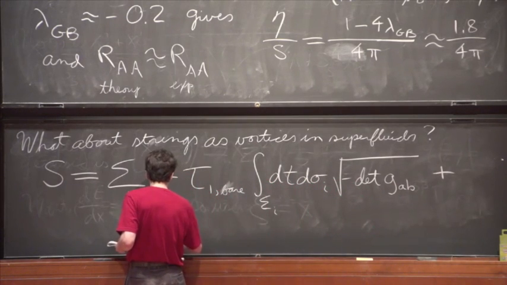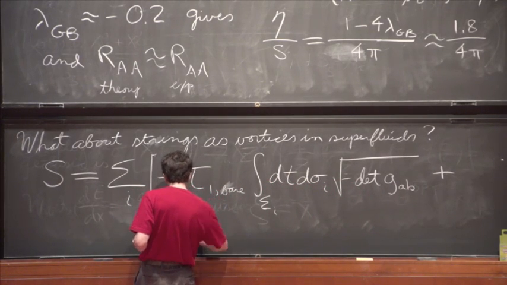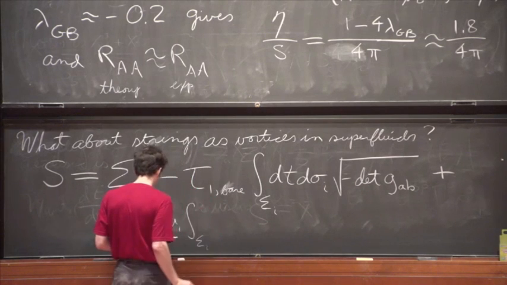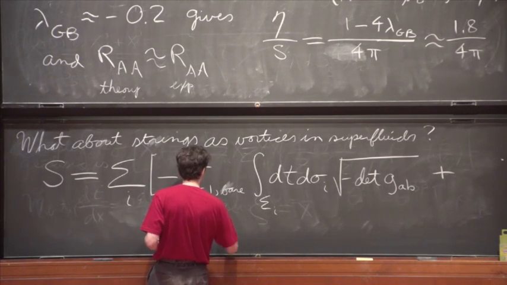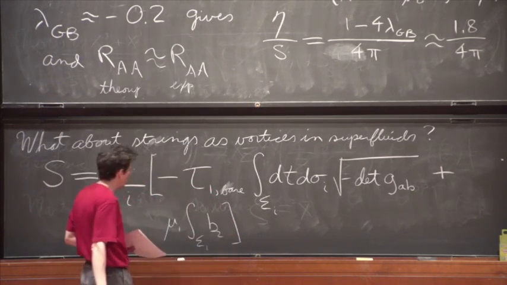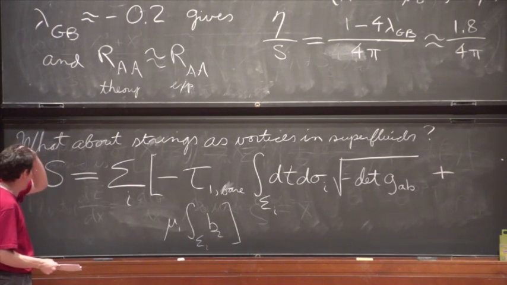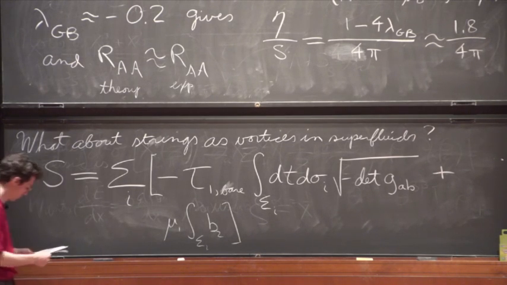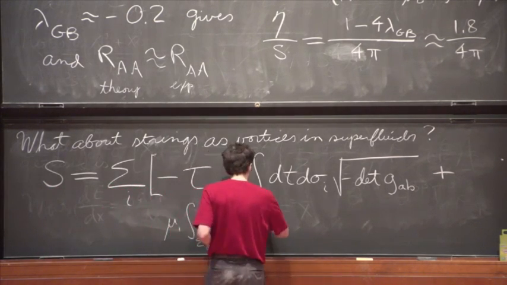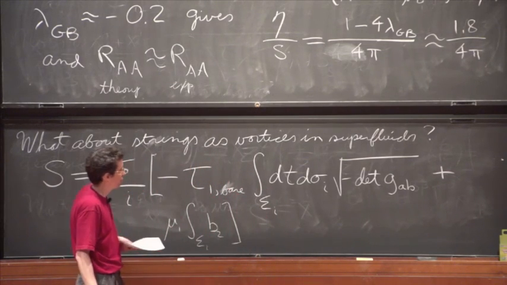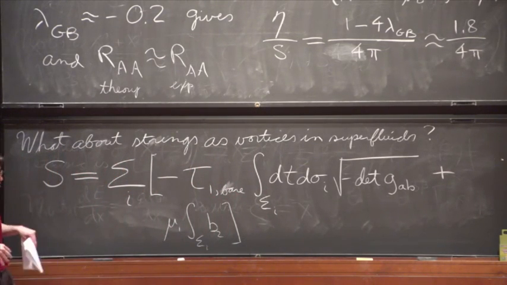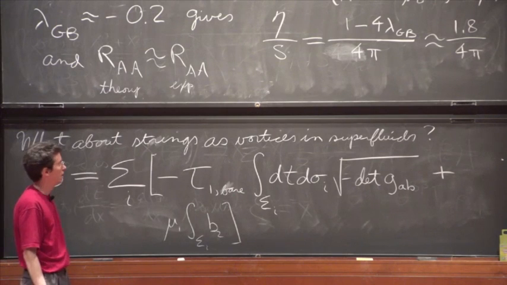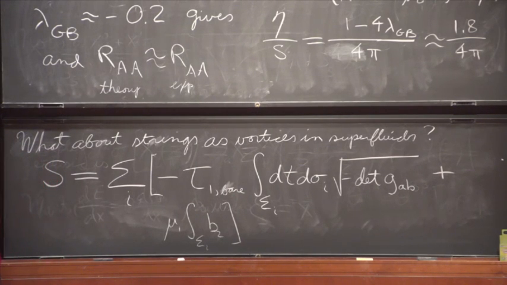But because I'm speaking of strings now as superfluid vortices, the most natural thing to do is to restrict our spacetime to be flat R^{3,1}, and to take the point of view that these strings describe some effective dynamics at long length scales having to do with the superfluid vortices.